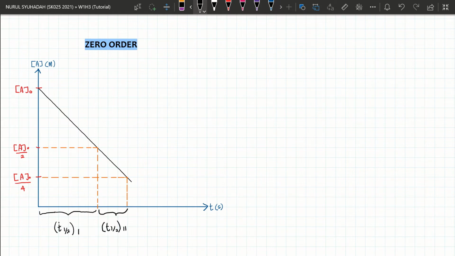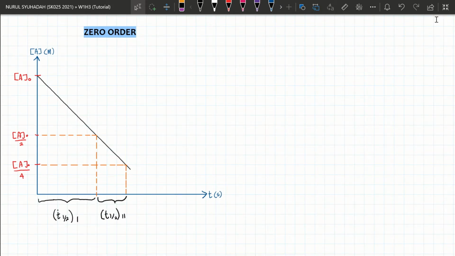As you can see here, the half-life, the time taken for the concentration to become half, becomes shorter as the reaction proceeds. For us to show that this graph is actually for a zero order reaction, you need to know how to write down the information.